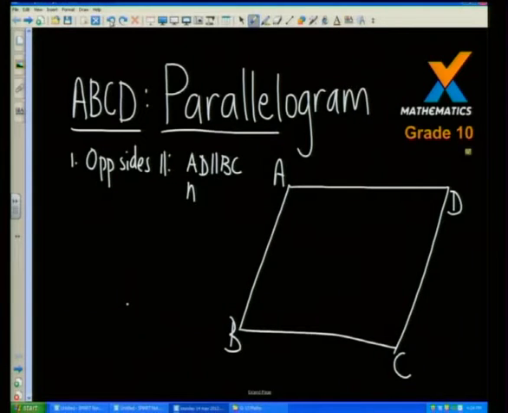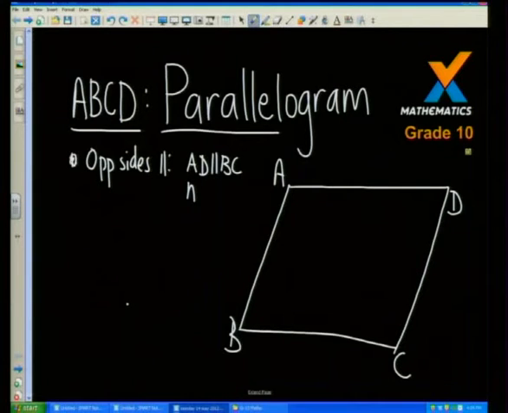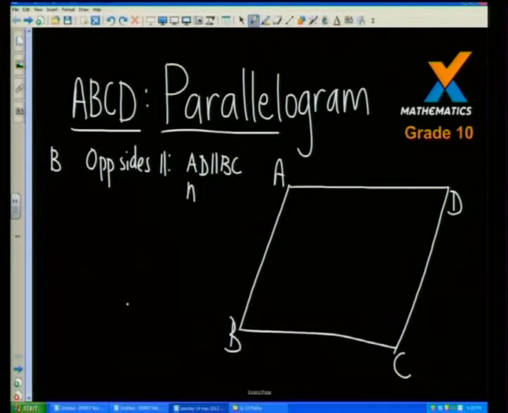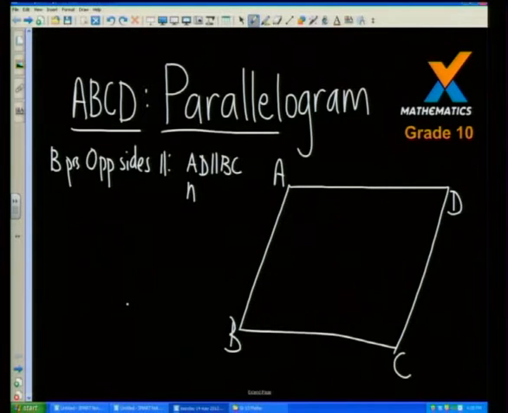And I think we should say somewhere over here that both pairs of opposite sides are parallel. So that's the first one.